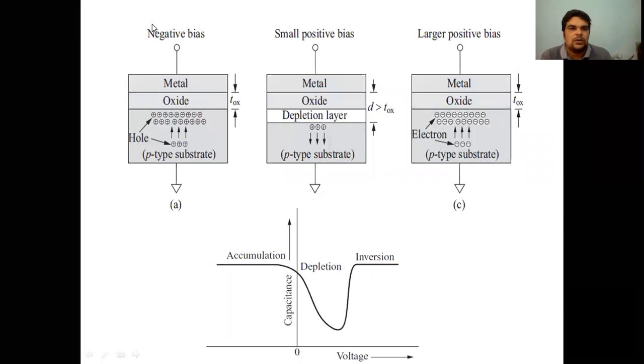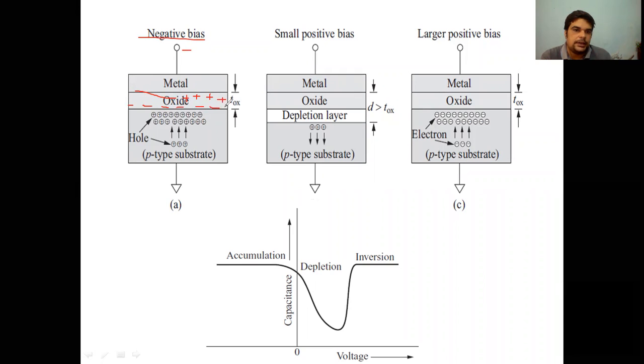Now let us consider the operation of this MOS capacitor, the effects of biasing on the MOS capacitor. First of all, let us apply a negative voltage here. Because this is a dielectric layer, positive ions will accumulate here and negative ions will accumulate below.